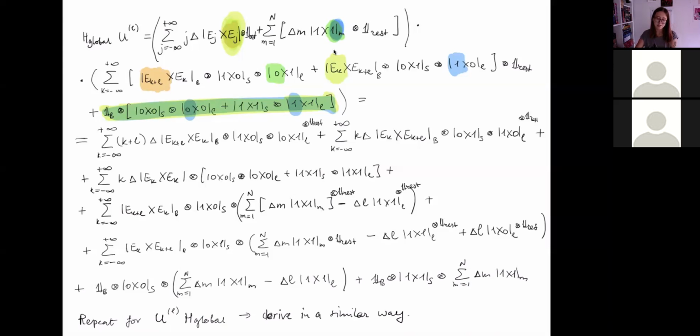And one will see that these two things are actually the same. So I'm not doing it here because the process for the U L H global is essentially the same.